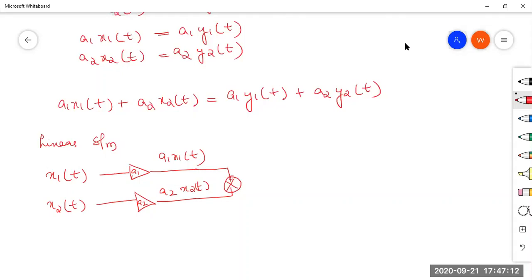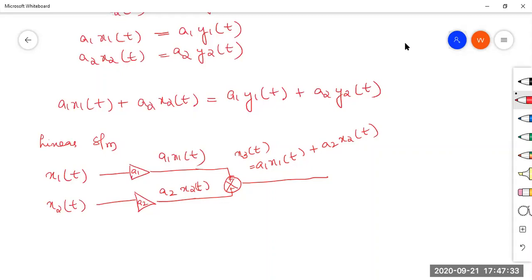When you add this together, you will be getting x3 of t. This is the weighted sum of x1 of t plus weighted sum of x2 of t. Weighted sum means multiplying with a constant and adding. So let this be your new input now.